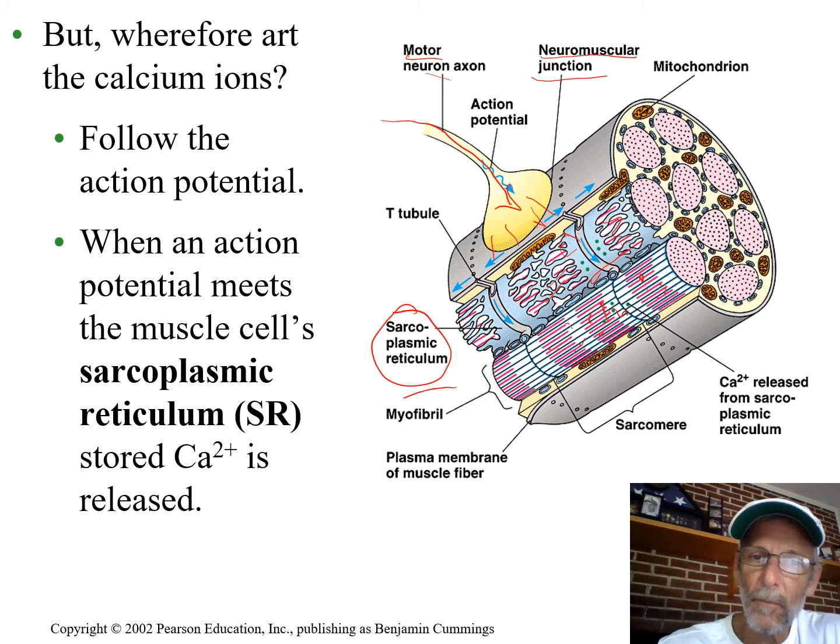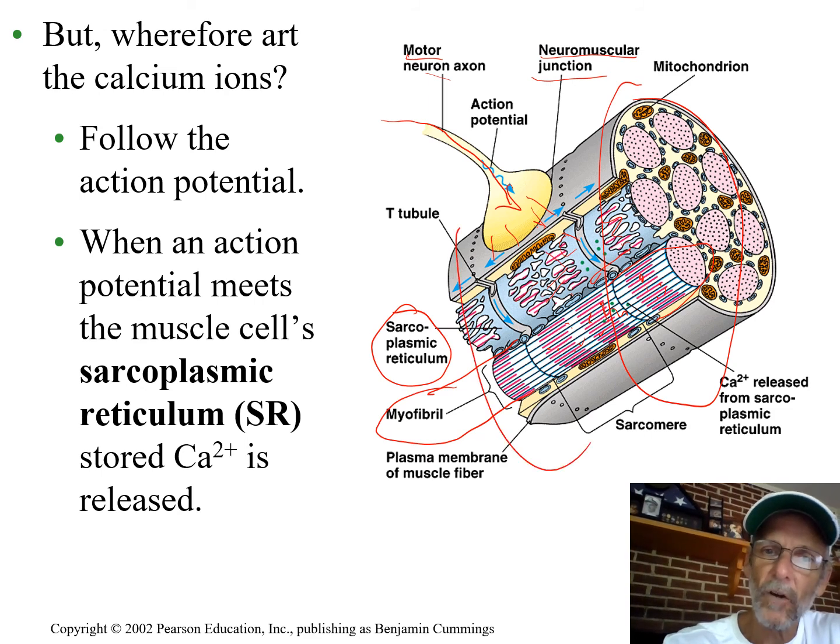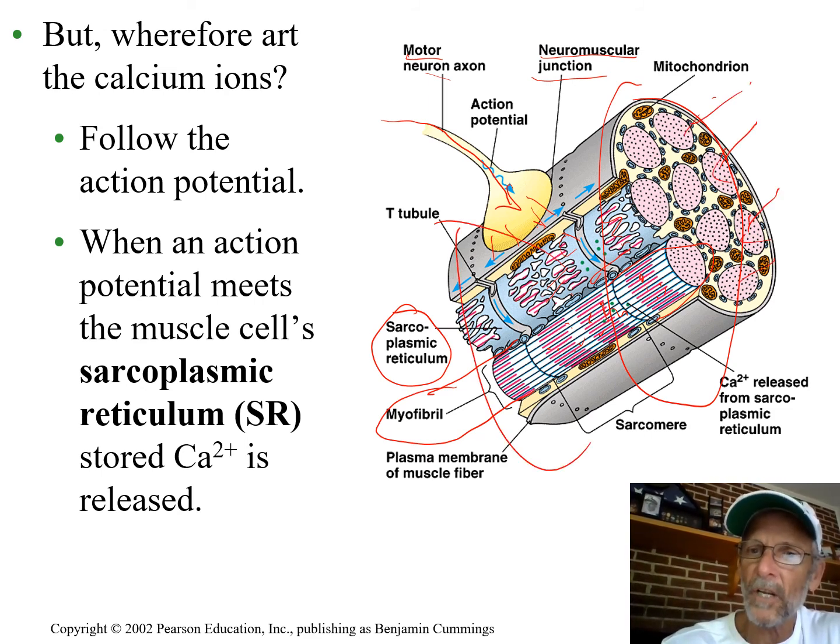The myofibrils. Here again, just got to keep looking at this over and over to not get myofibril and muscle fiber mixed up. This is a whole muscle fiber, right? It's got a whole bunch of myofibrils in it, like a bunch of pencils held in your hand. And in between here is a lot of mitochondria cranking out those ATPs, and so on and so forth.